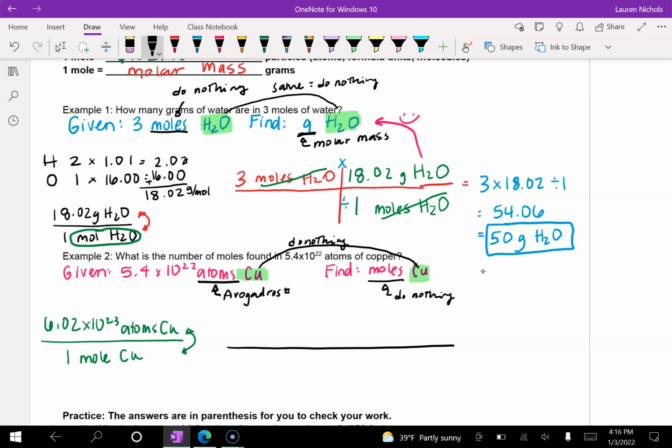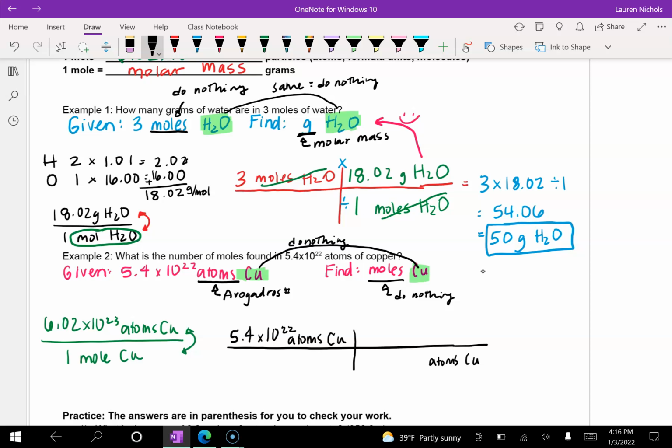When we set up our T-chart, we're going to take what's given to us and put it in there first. So we have 5.4 times 10 to the 22 atoms of copper. Now, because atoms of copper is in the numerator, that means it also needs to be in the denominator.